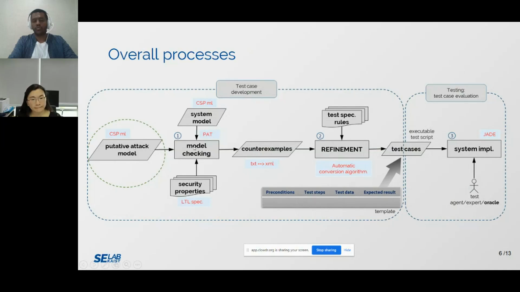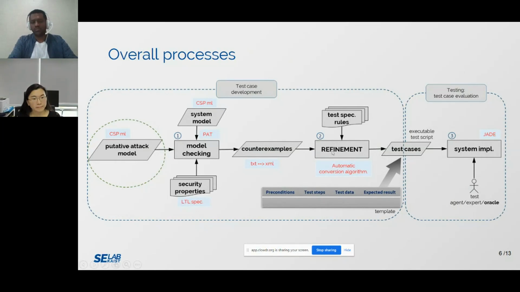So we run a model checker called PAT. We used the PAT model checker to generate these counterexamples. The counterexamples could be in different forms, textual or diagram forms. The counterexample actually contains parameter values, states, and state transitions.